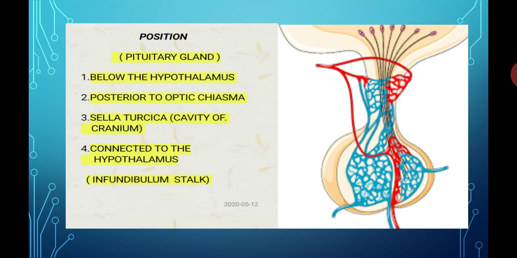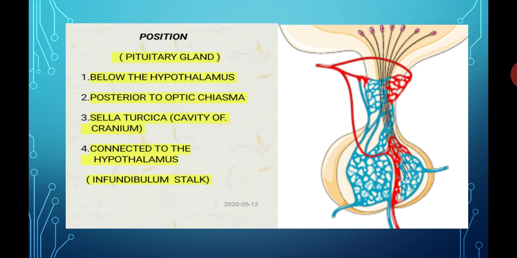We start with the position of a pituitary gland. The pituitary gland is located just below the hypothalamus and posterior to the optic chiasma. The optic chiasma is again a part of the brain.